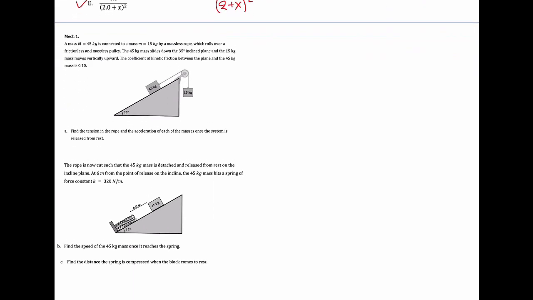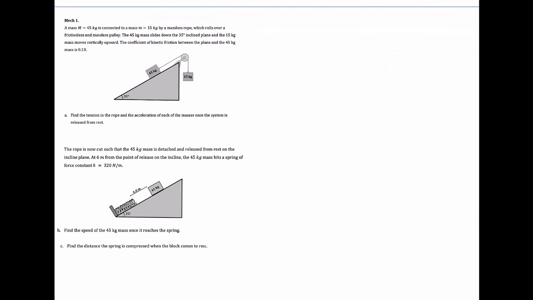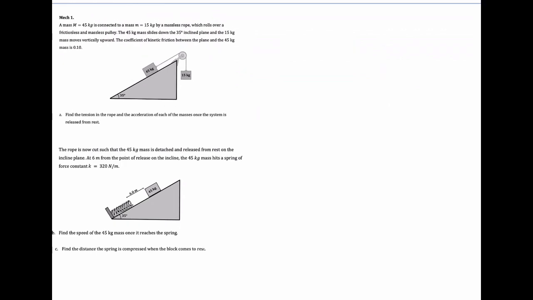Finally, we can try to answer this exam question. Now, this is a combination of dynamics and energy. Let's start with part A, where we need to find the tension at the start of the motion. So we have a system of two masses, and we need to find the tension. Now, let me see if there is any friction.